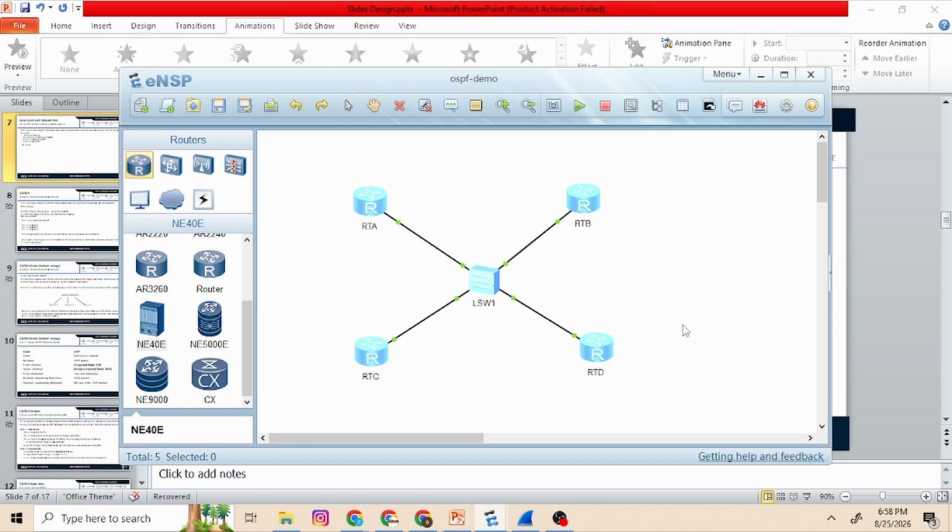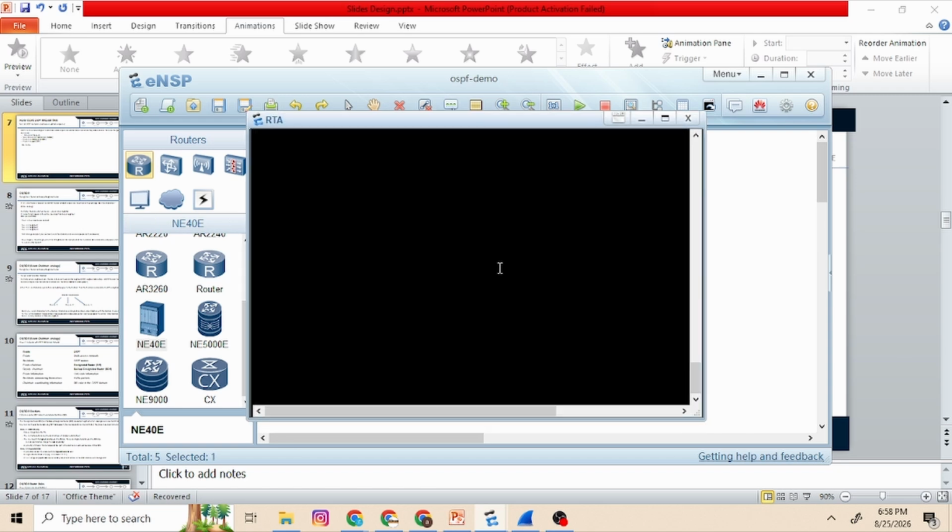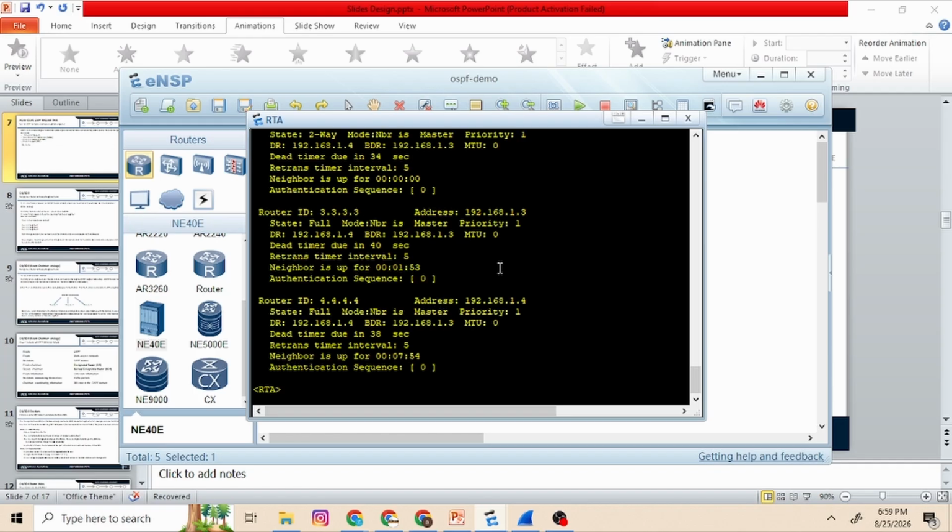So if we look at one of the routers, like router A, we look at its neighbors. This is how you look at neighbors in Huawei VRP. You say display ospf peer. You will see the neighbors it has.